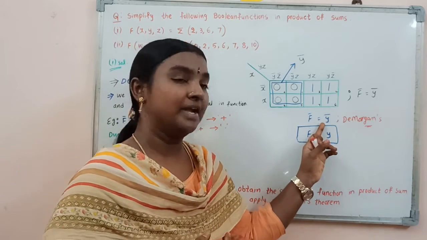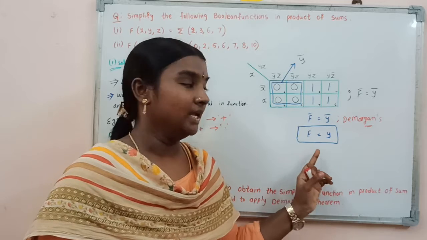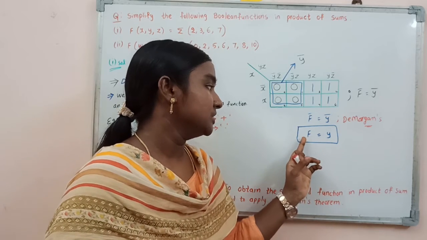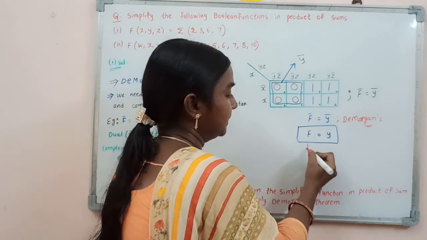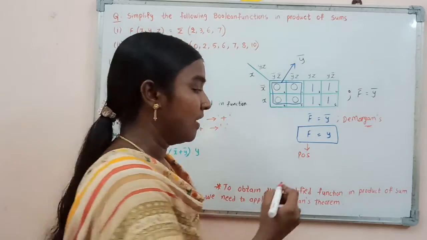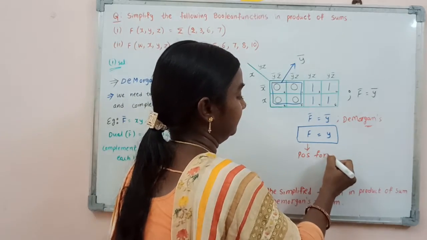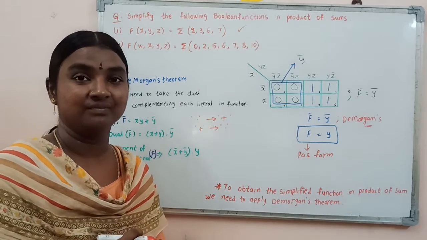So we have y complement, which means we are going to have only the variable y. So function f will be equal to y, which is the POS, that is product of sum form, for this first given Boolean function.